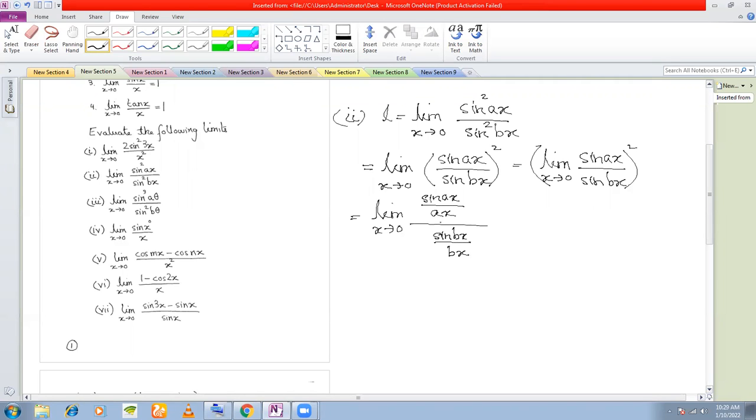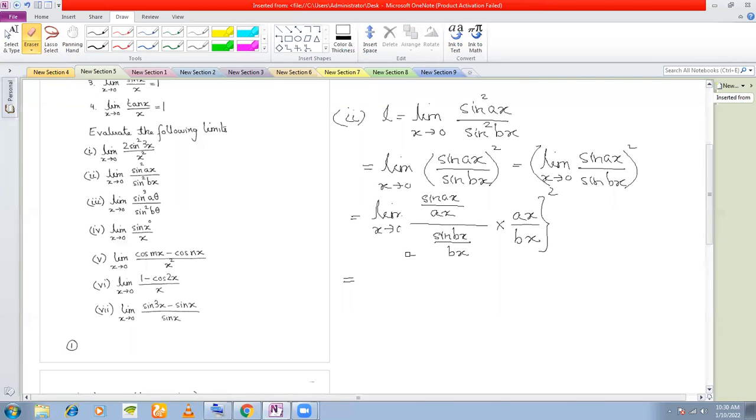Sir, a squared x squared? Why a square x square? Because it is in the whole square form now. Yes, but in the denominator, I'm adding ax, so I need to multiply this by ax. And here I am multiplying this by bx, so I need to divide this by bx. Clear?